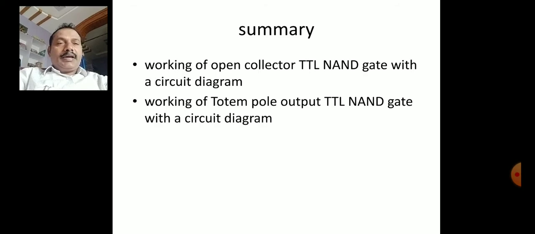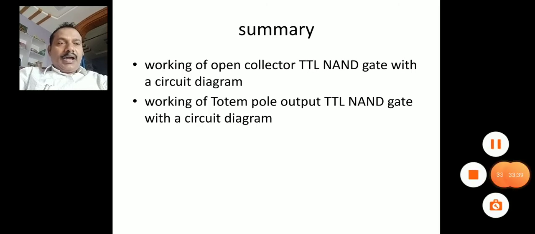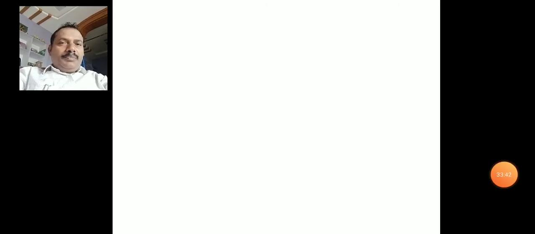with a circuit diagram. One point I would like to emphasize once again is that for the totem pole, let us see the truth table that we have to draw.